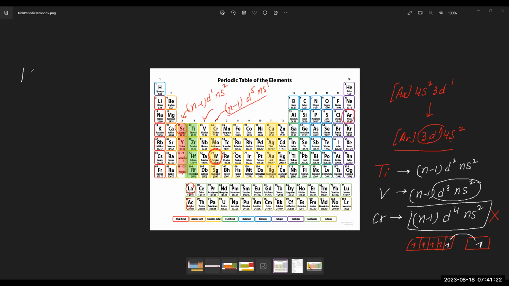Write the configuration. Not the general, complete. Noble gas notation.